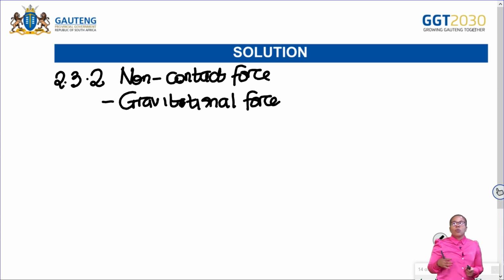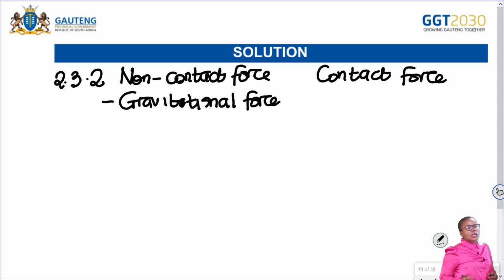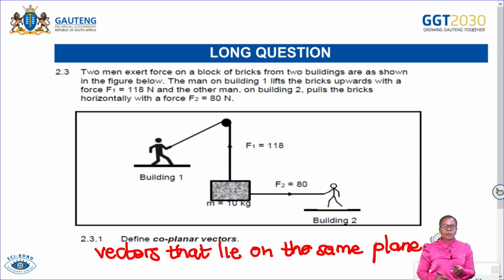And then one example of your contact force. Let's go back to the diagram so that you are able to identify it with me. This block is being touched by builder number 1 and builder number 2, who are exerting forces F1 and F2.